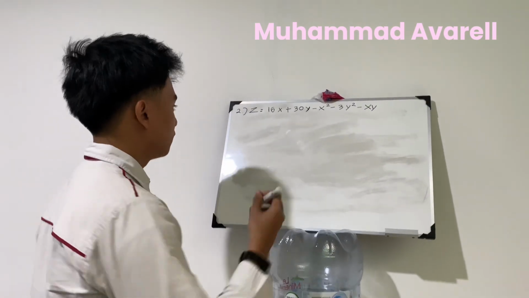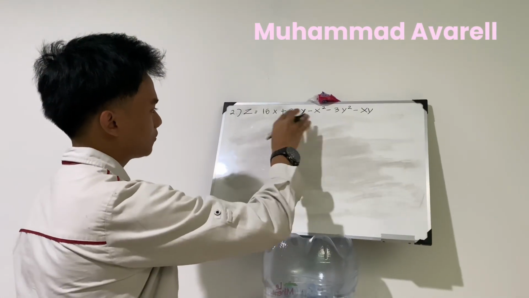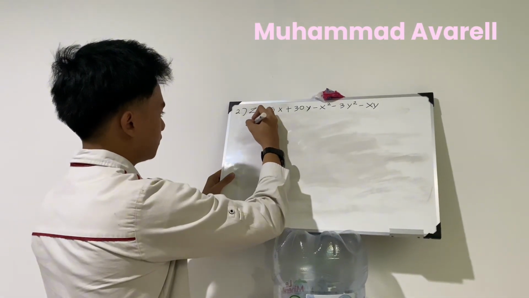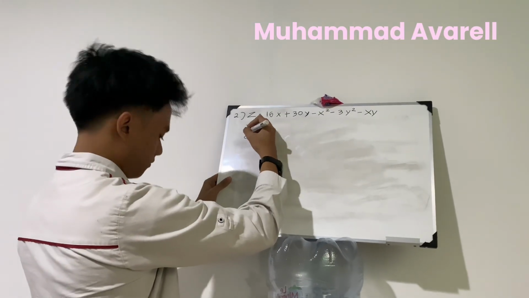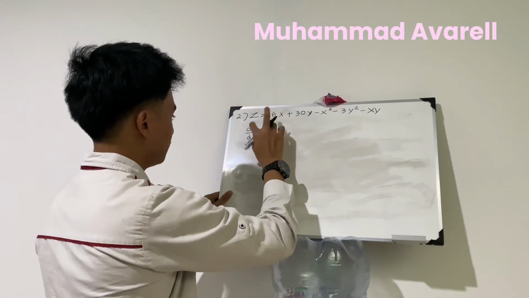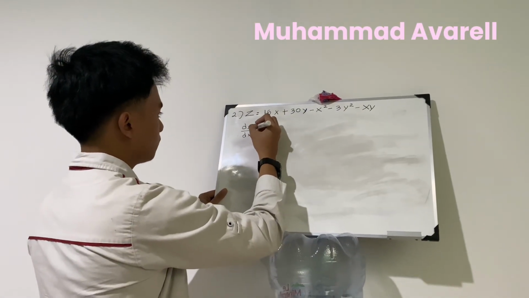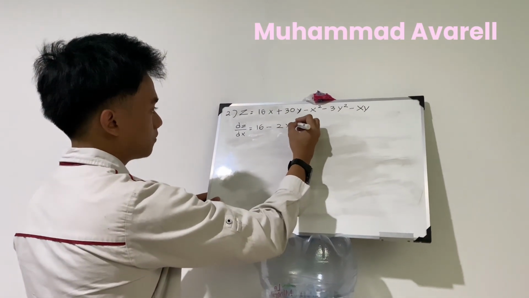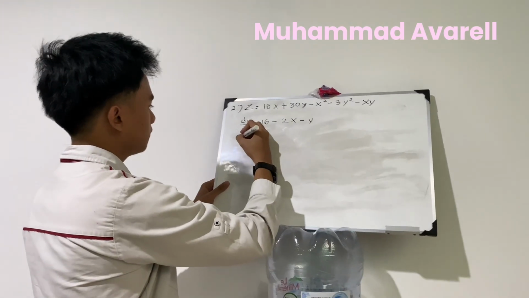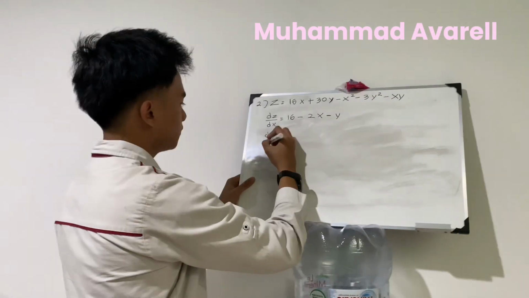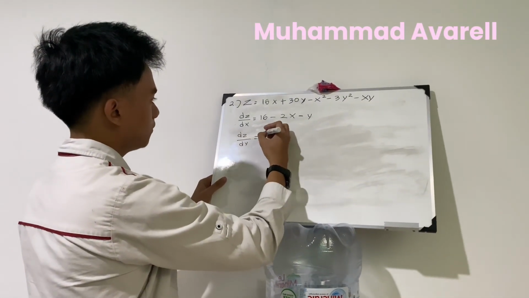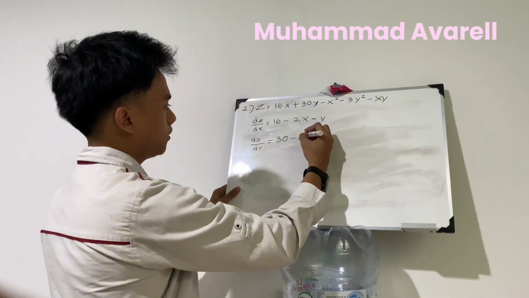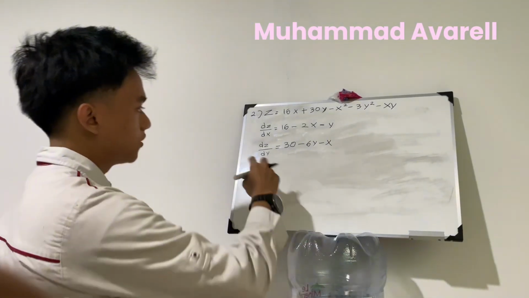Okay. So the first step is we must take the derivative. dz/dx equals 16 minus 2x minus y, and then dz/dy equals 30 minus 6y minus x. Okay, this is the first step.